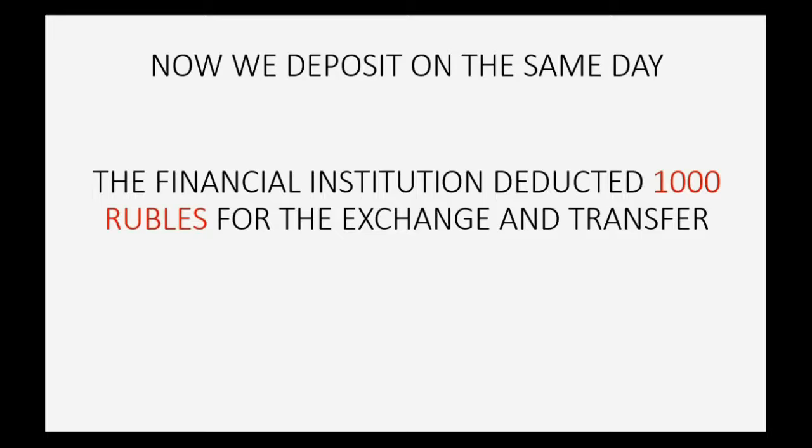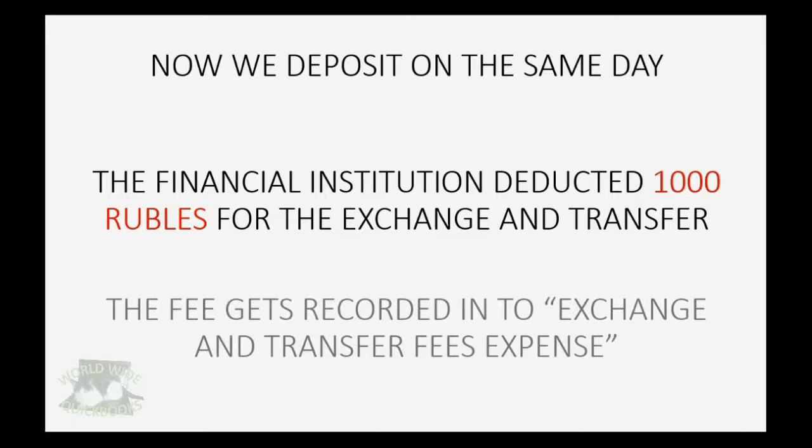The financial institution deducted 1,000 rubles for the exchange to convert the currency to dollars and then transfer it into our Chase bank account. And the expense that we record for the 1,000 rubles is an expense called exchange and transfer fees expense. And if you don't have it in your chart of accounts, you should pause the video and put it in your chart of accounts.